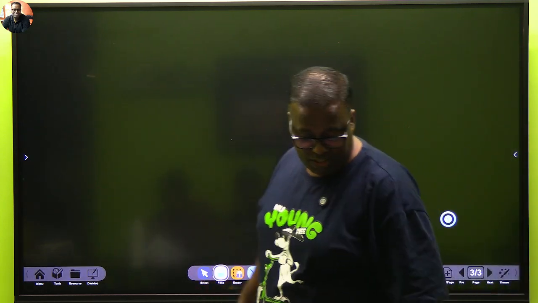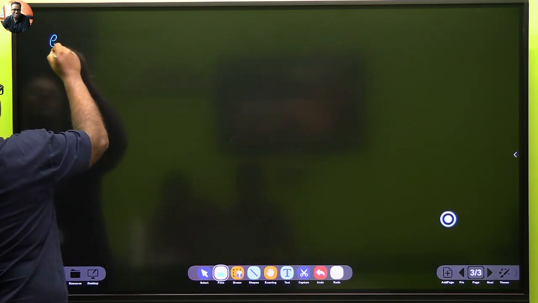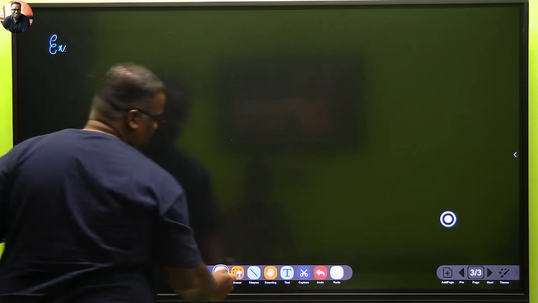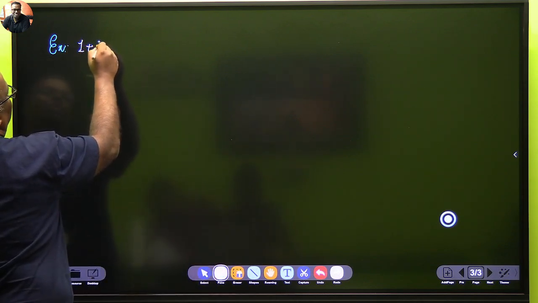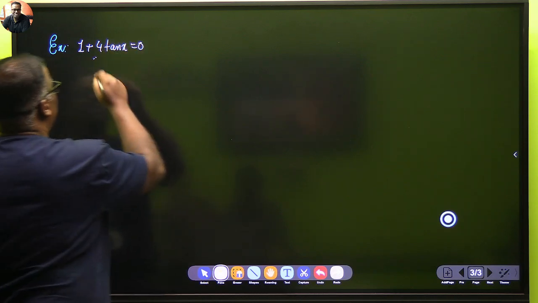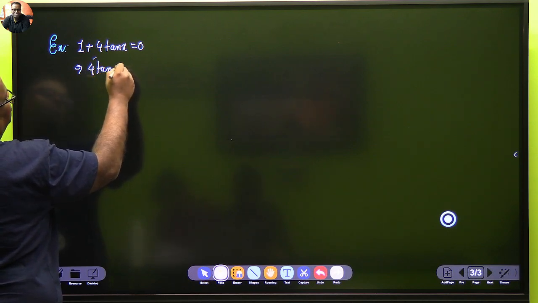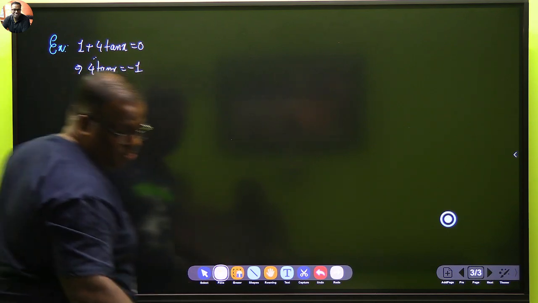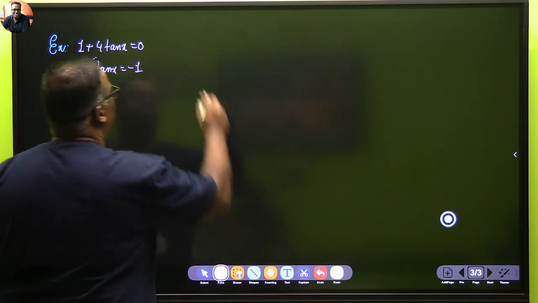Dhruv, now let's move on. Next, 1 plus 4 tan x equal to 0. Okay, let's see this example. This is 1 plus 4 tan x is equal to 0. So what do we write? 4 tan x should be equal to -1. We need to solve for x, and again it should be between 0 to 360 degrees.